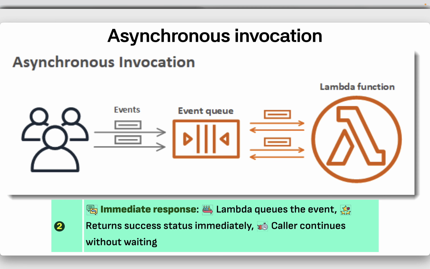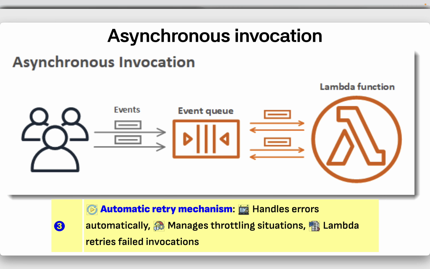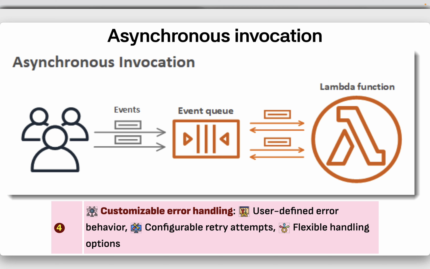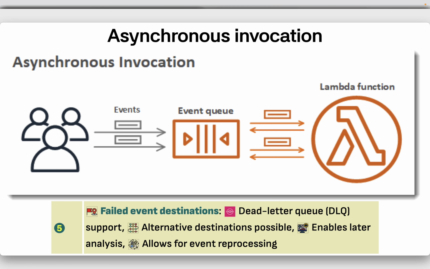When an event is invoked asynchronously, Lambda queues it and immediately returns the success status to the caller. Lambda automatically attempts to retry the function invocation if it fails due to errors or throttling. Users can customize error handling behavior, including retry attempts for asynchronous invocations. Failed asynchronous invocation events can be automatically sent to a configured dead letter queue (DLQ) or another specified destination for later analysis or reprocessing.